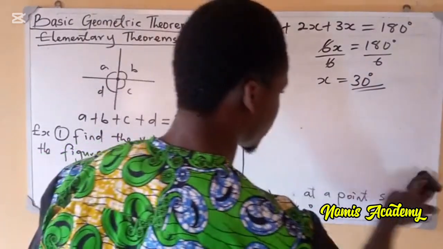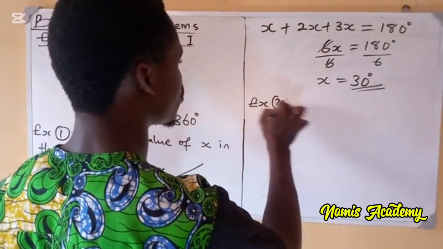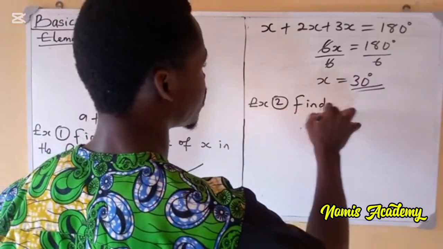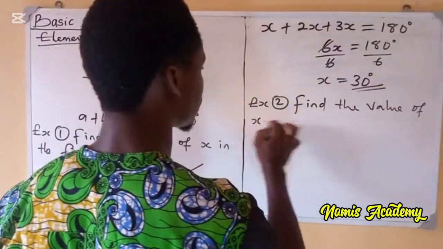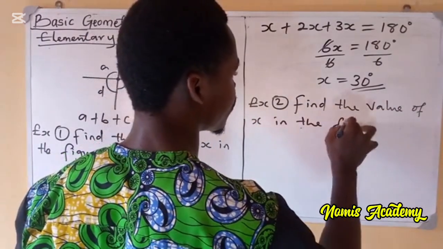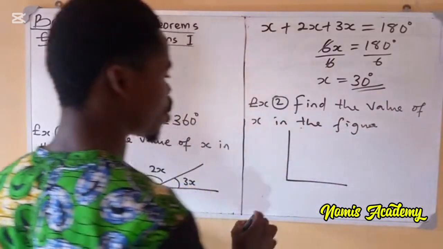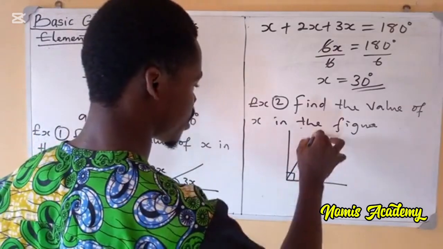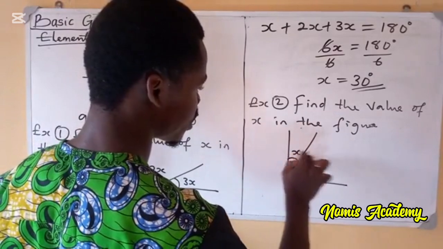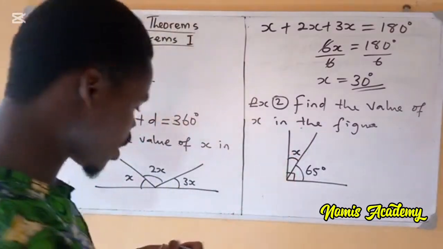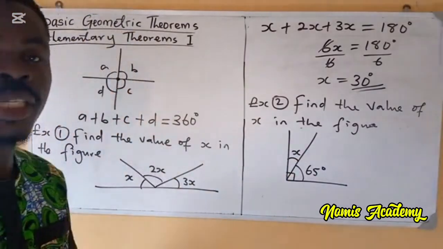So let's pick one more example. Example 2. Find the value of x in the figure. So when you have a figure, a shape like this, we call this 65 degrees and this x. This symbol tells you that the angle at that point is a right angle, which is an angle of 90 degrees.